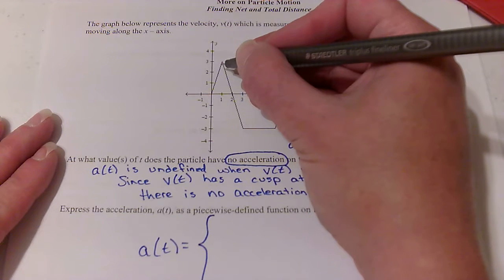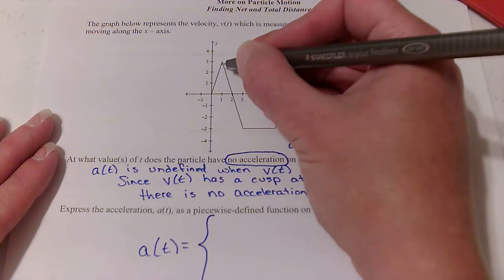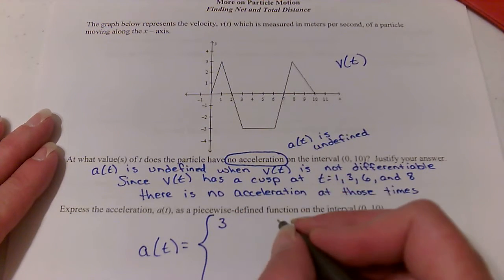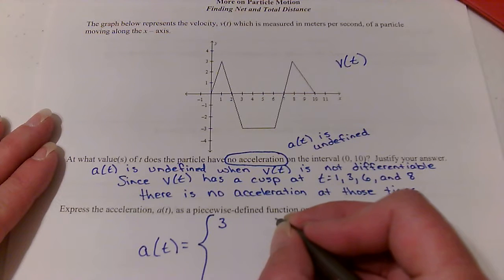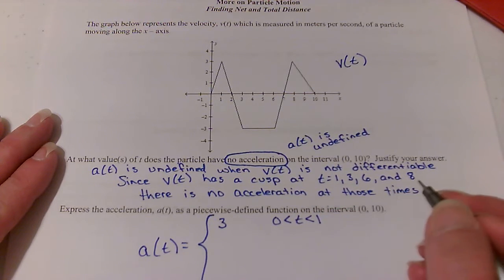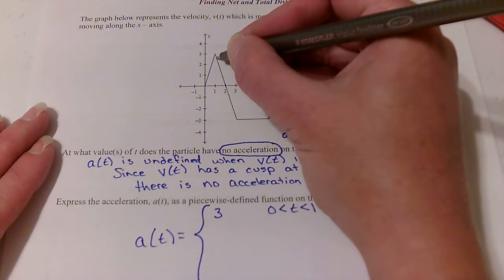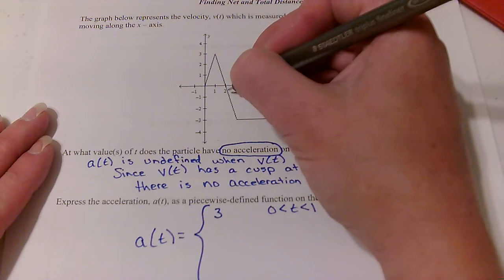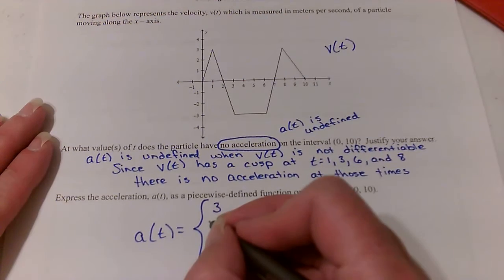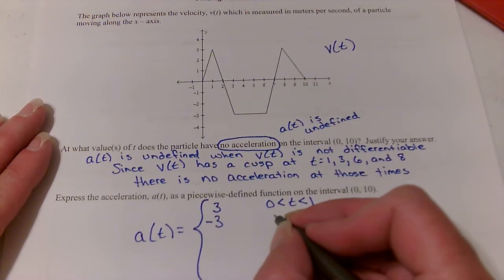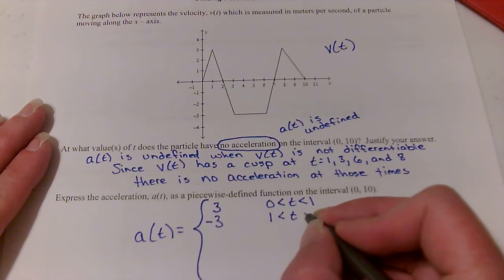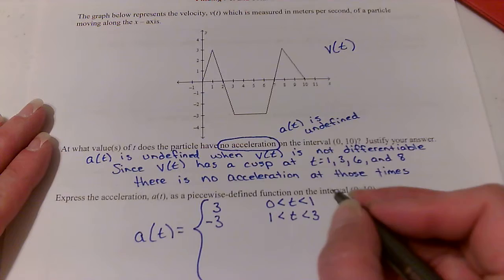Acceleration is the derivative of velocity, so it's the slope from here to here, which is 3. But it's only 3 from 0 to 1. On the next piece of the graph, this piece, the slope is -3. And that's only happening from time 1 to time 3.